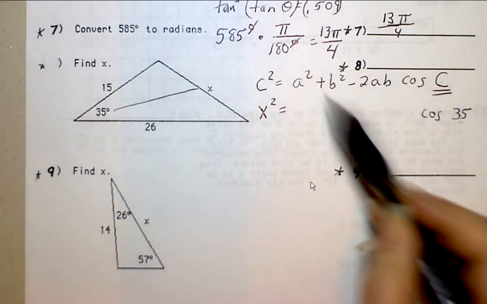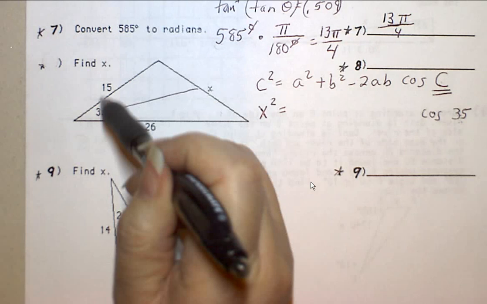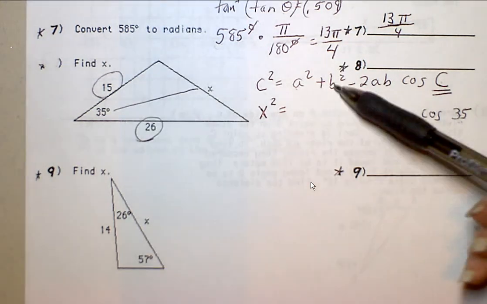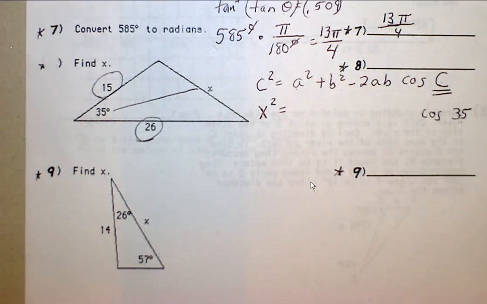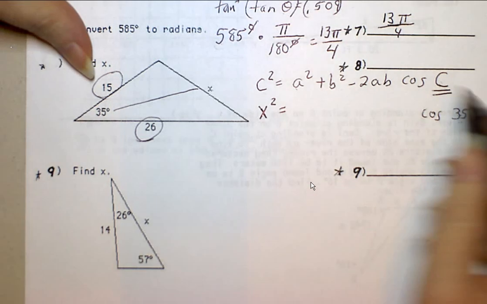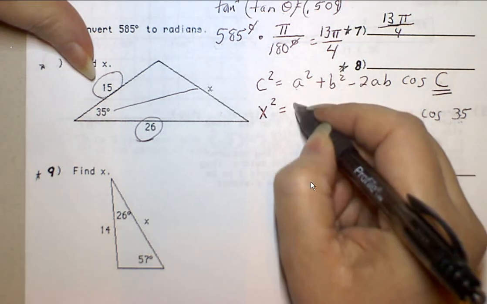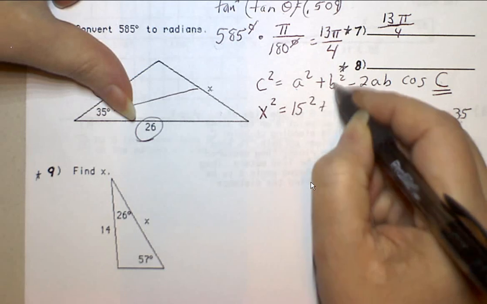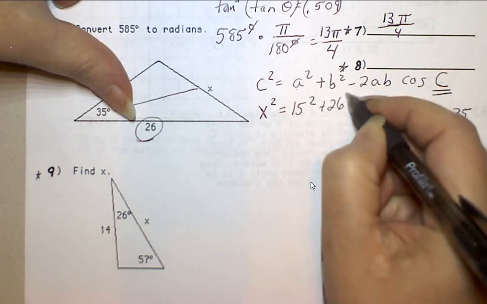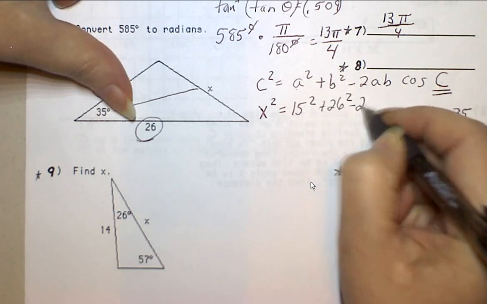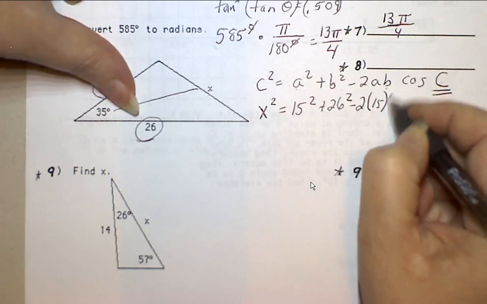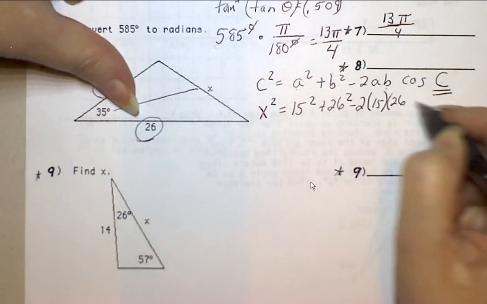And then a and b, it doesn't matter, so 15 and 26 are going to be your a and your b. Now we just fill it in: 15 squared plus 26 squared minus 2 times 15 times 26, and then cosine of 35.